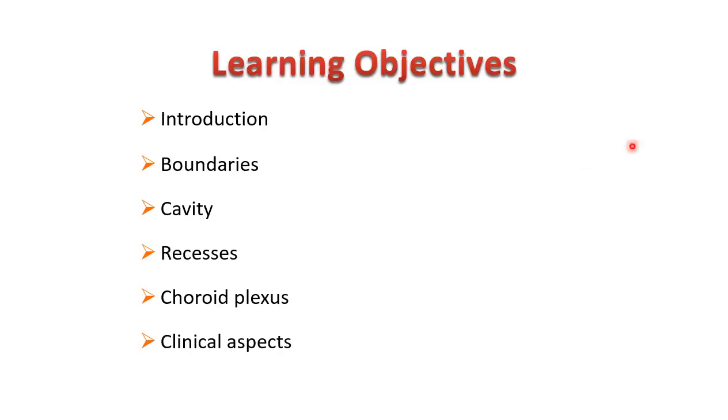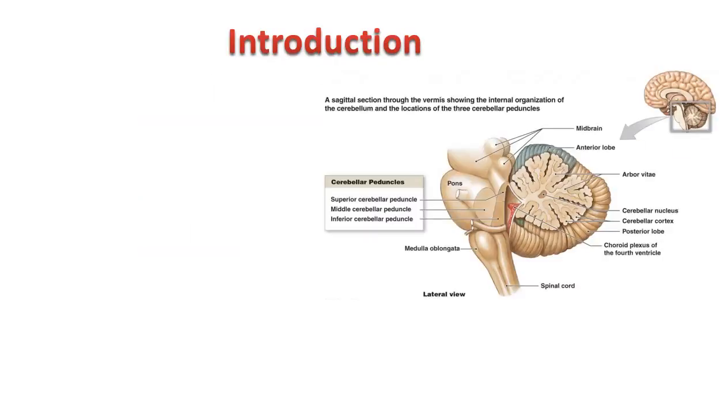Now, first to the introduction, ventricles of the brain. The ventricles of the brain, also called the ventricular system, are mainly made up of a pair of two lateral ventricles, then a third ventricle, and then a fourth ventricle. The ventricles are the places where the cerebrospinal fluid is formed.